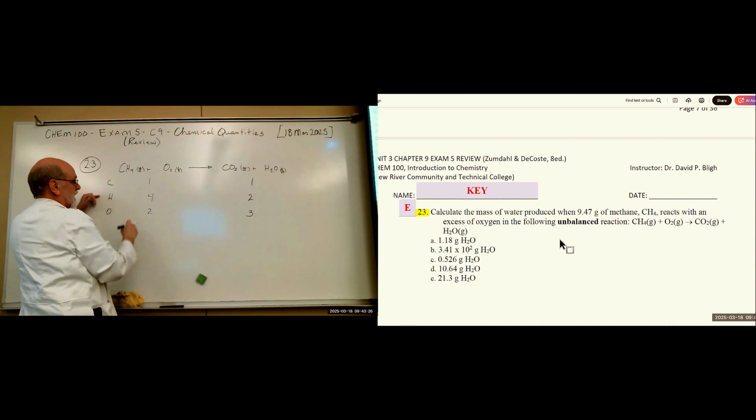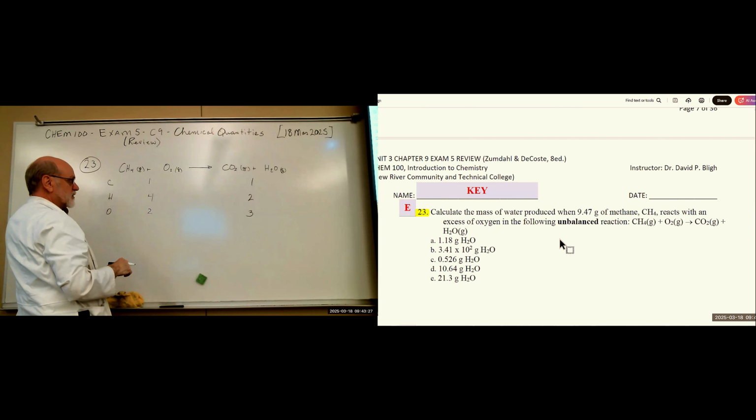We have to leave oxygen till last. So if we want 4 hydrogens on that side, we'll put a 2 here. That'll make 4 hydrogens. And 2 plus 2 is 4 oxygens. Okay. So now to get 4 oxygens, we just need a 2 here. Okay, very simple.